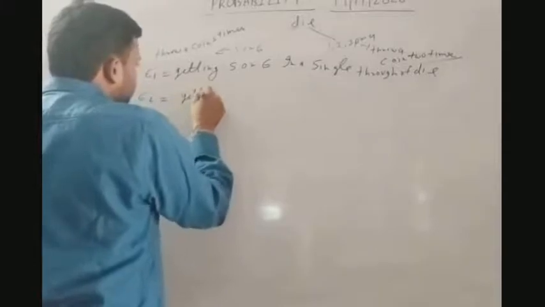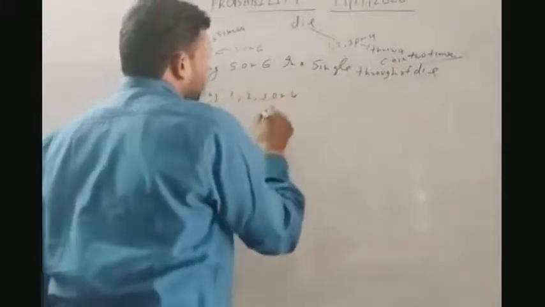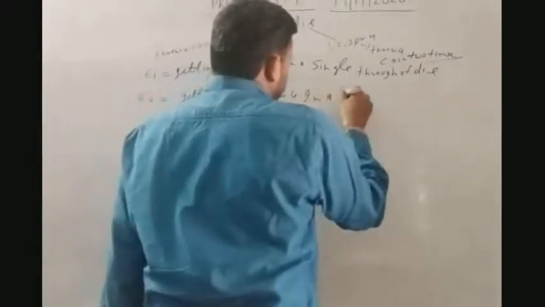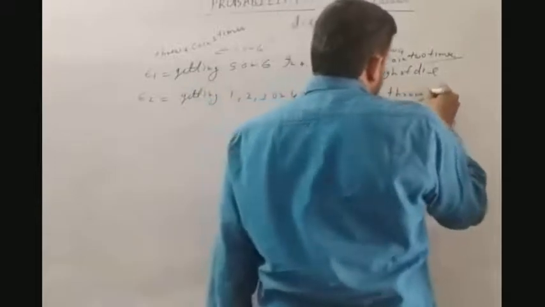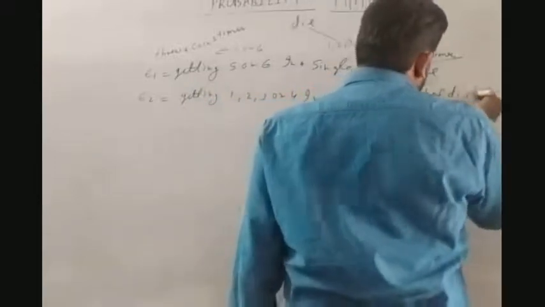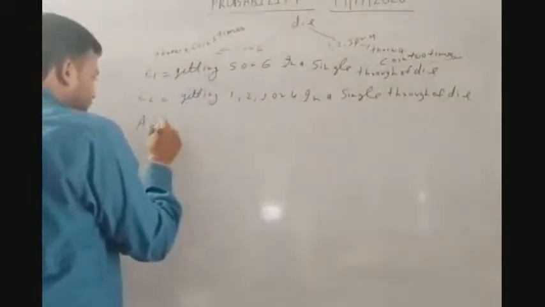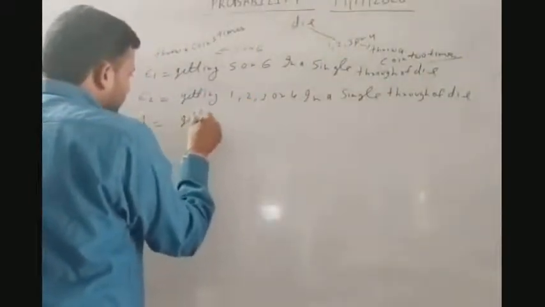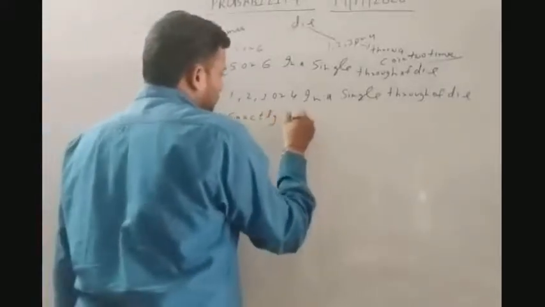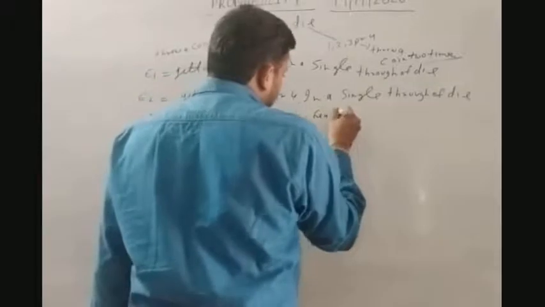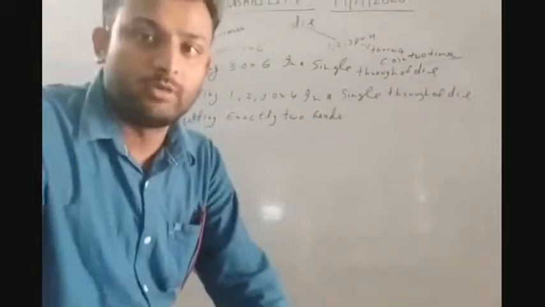Getting 1, 2, 3 or 4 in a single throw of die. This is our question. And our A is what? Getting exactly 2 heads.